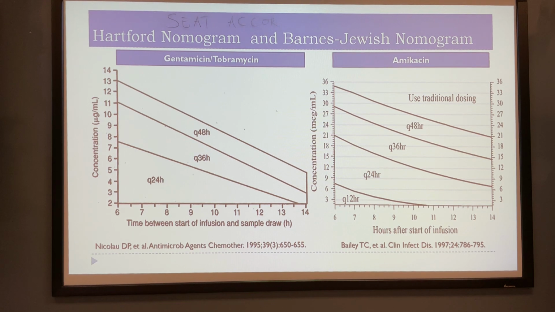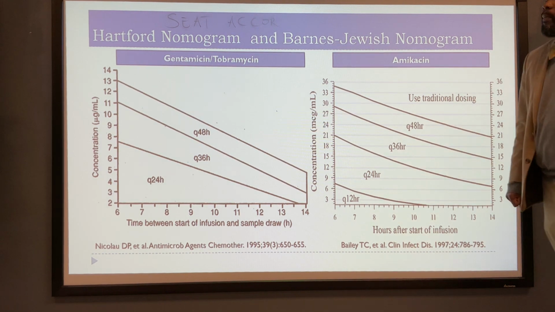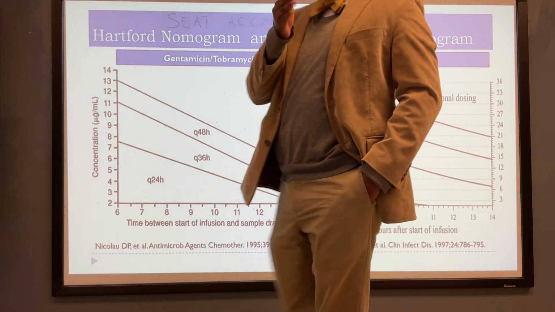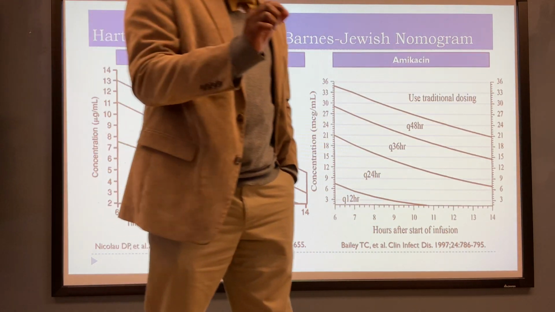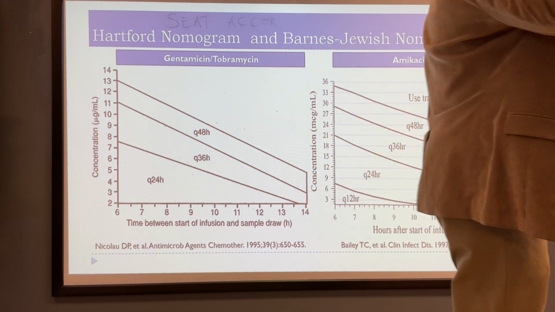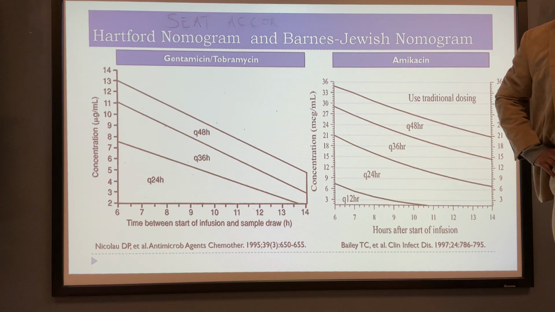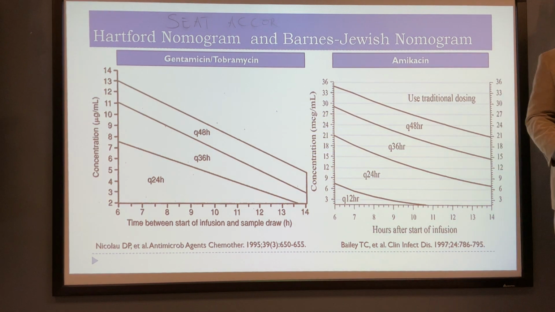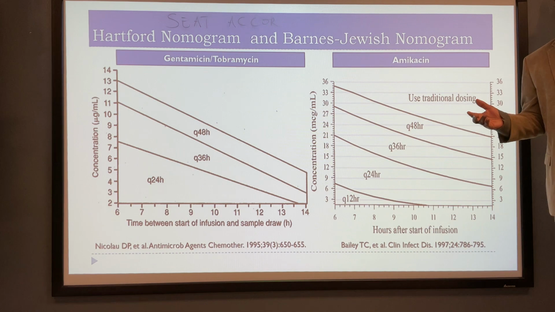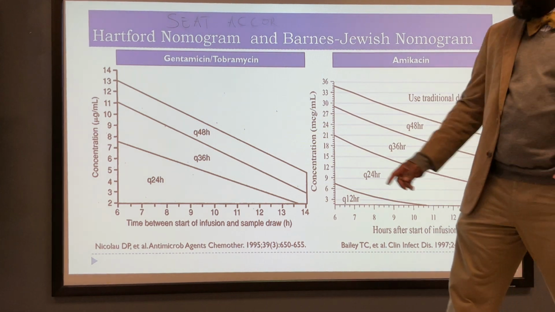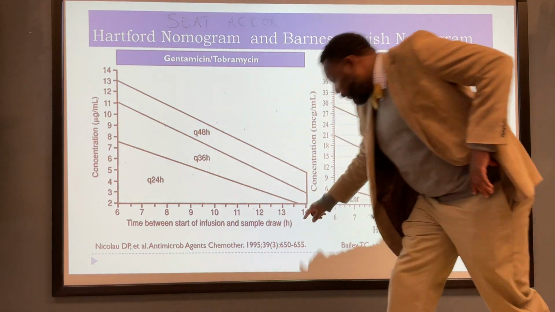So we use C-Max as our concentration? Come on now, let's not get confused about this. What is C-Max? C-Max is 30 minutes after the end of your infusion. 6 to 14 hours is not at C-Max or C-Min. That's a random level. So if you want to know, it's CP6, CP10, CP14.